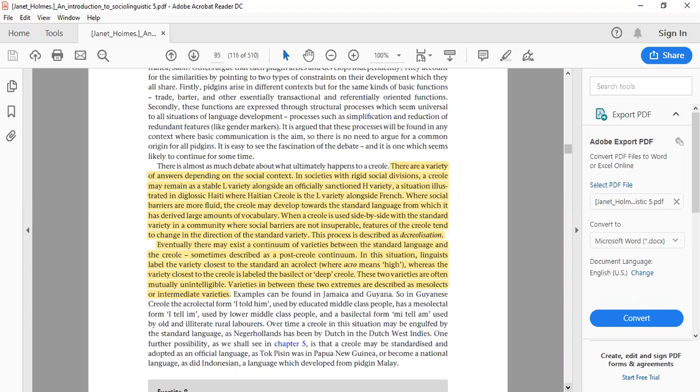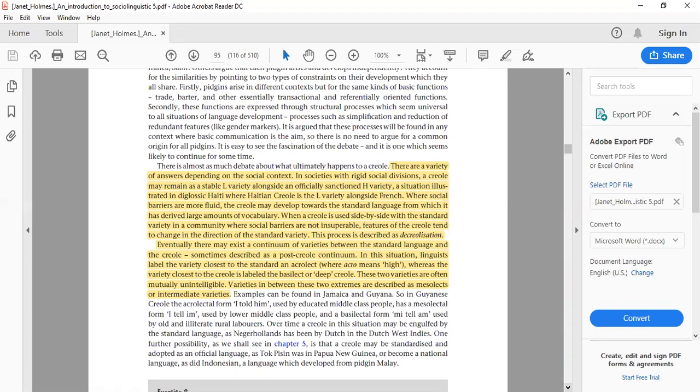And if it is close to the Creole, which is not the standard variety spoken in that region, then we call it basilect, which means deep Creole.